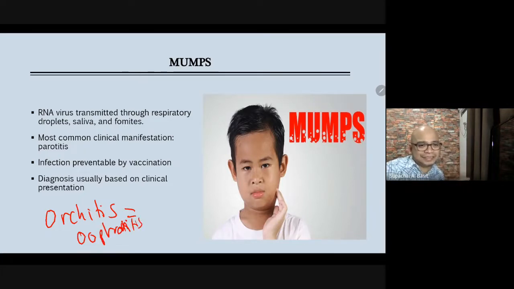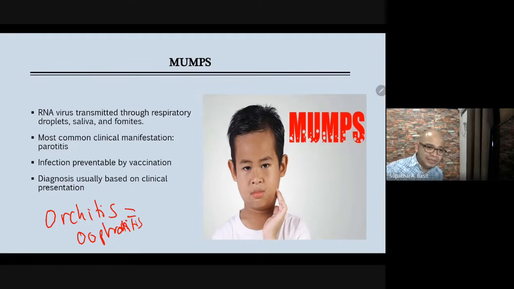Both of these could result in sterility. So you do not want to get mumps if you are an adult. So it is good that when you were still a child, you had the MMR, measles, mumps, rubella. This is the vaccine that will prevent the infections that I just mentioned.